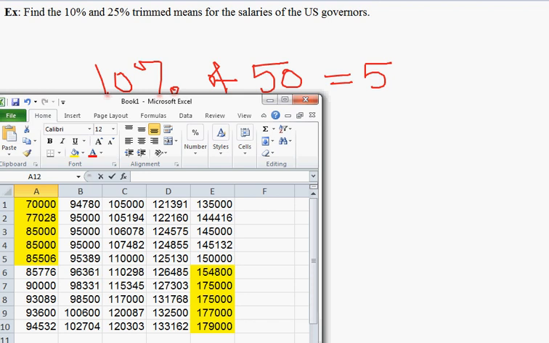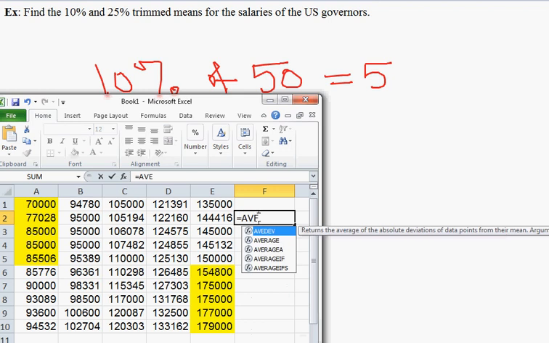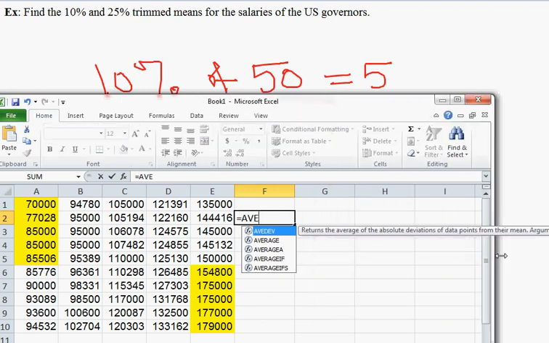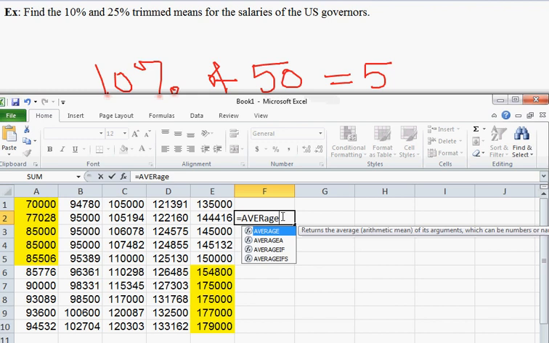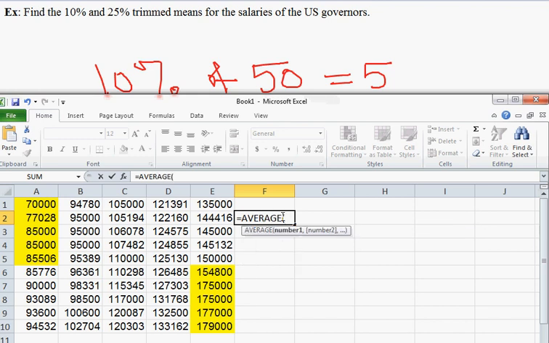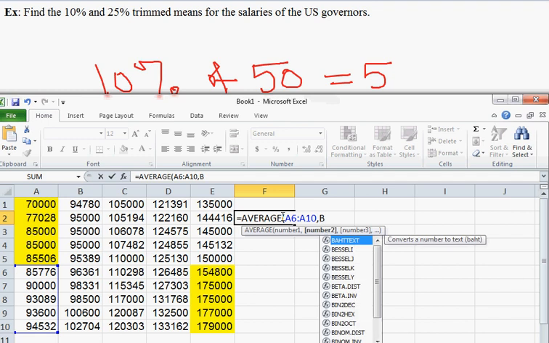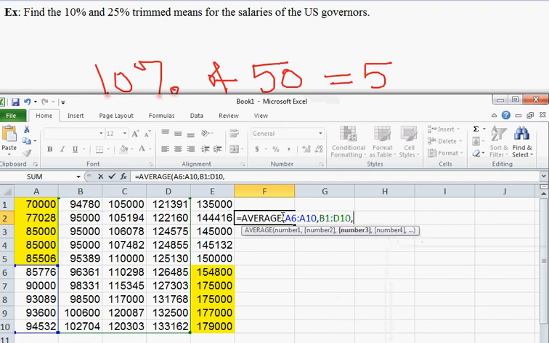So just simply typing that in, we have that this is equal to the average of, let's see, A6 to A10, also B1 to D10, and E1 to E5.